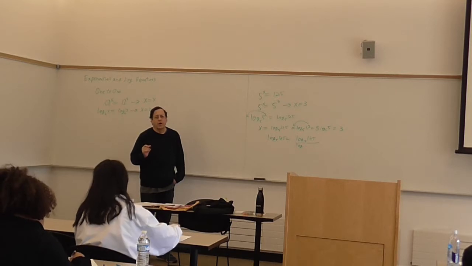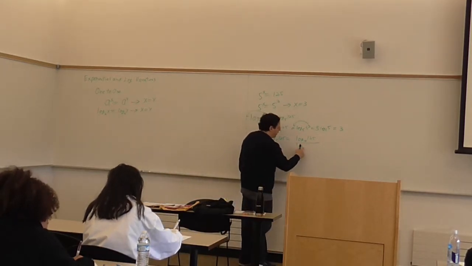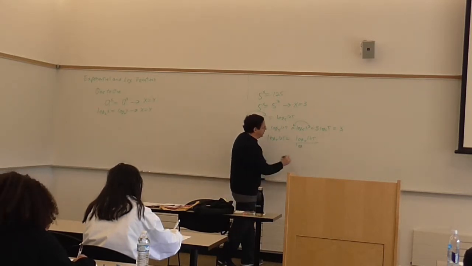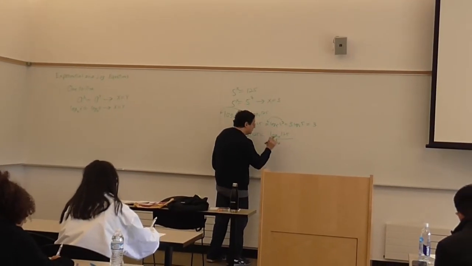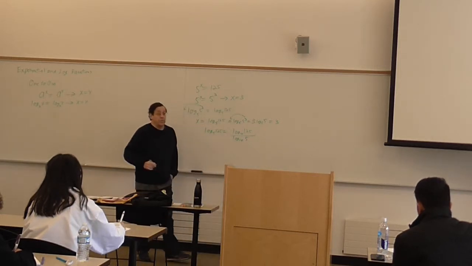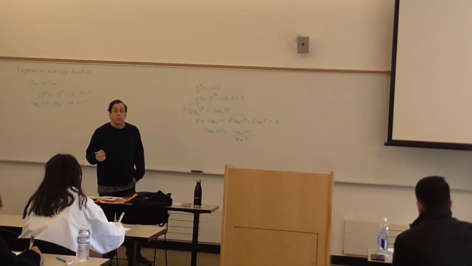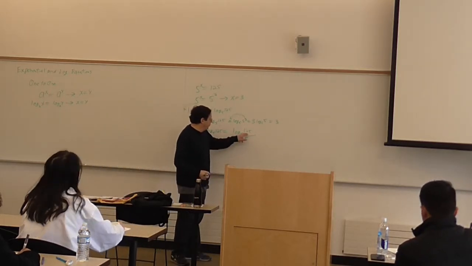What do I want to divide this by? What kind of log here? What kind of base? 10. And then what's the number? 5. Okay. Something you could punch into your calculator, which might be what you need to do if you don't have a nice number here.